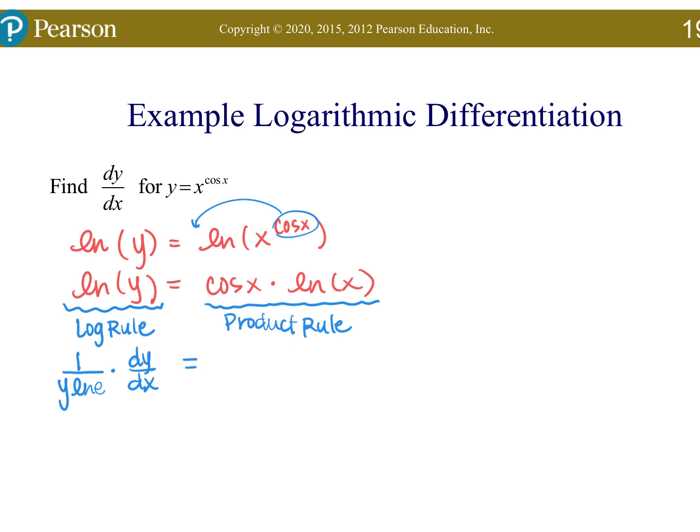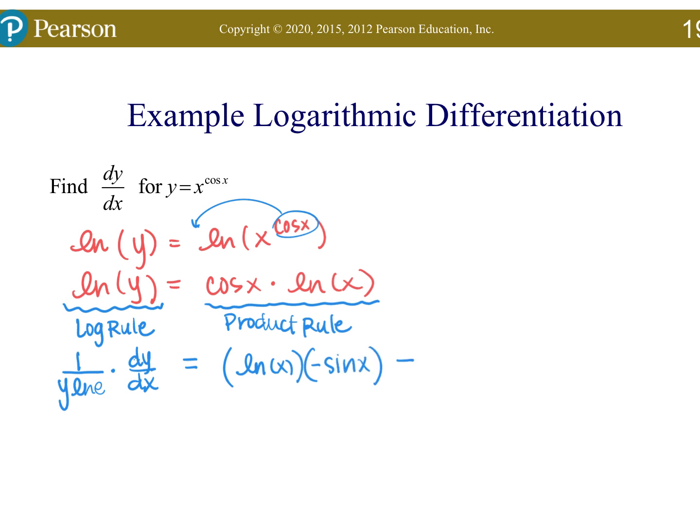On the right side, I'm going to need the product rule. The product rule starts with the second half of the product, which is the natural log of x, times the derivative of the first part, which is negative sine of x.